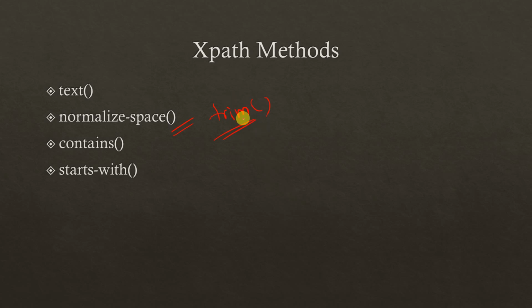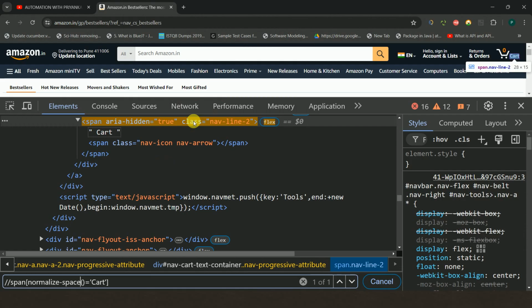Similarly, normalize-space also will directly ignore the white space, and based on whatever text is given, it will try to interact with that element. So guys, the text method never handles white space, try to understand. But when you talk about normalize-space, it will handle white space. So this is the important part you need to remember.